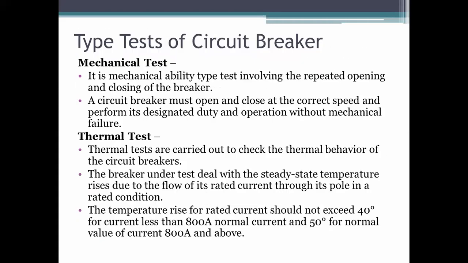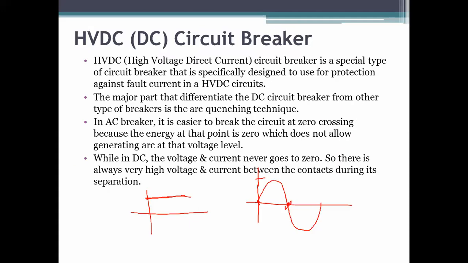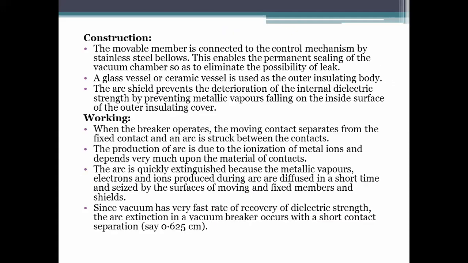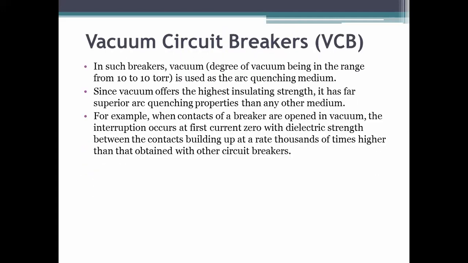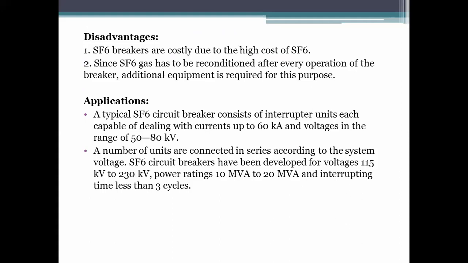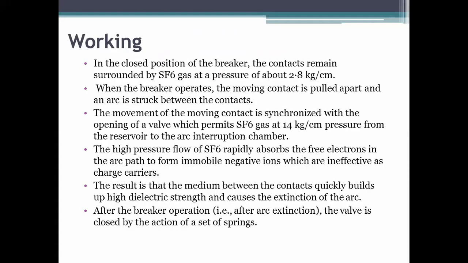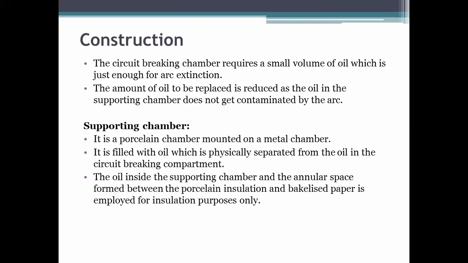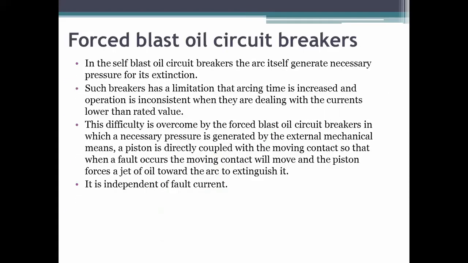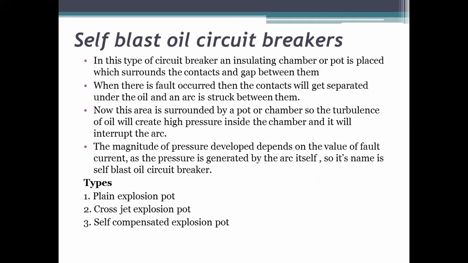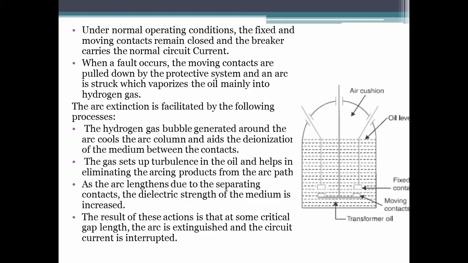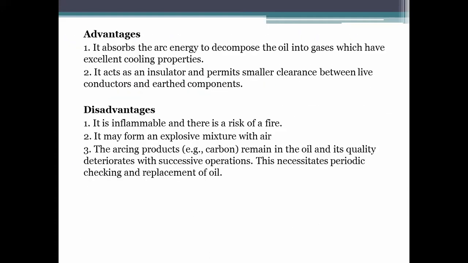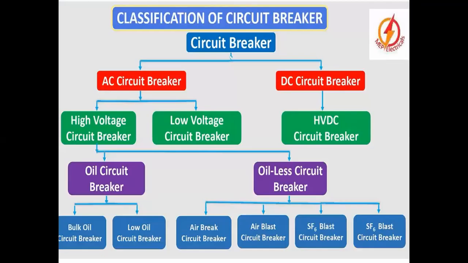In this chapter, we have seen different types of circuit breakers. Mainly these circuit breakers are classified as AC circuit breakers and DC circuit breakers. There are compulsory questions on these circuit breakers and they are very useful.